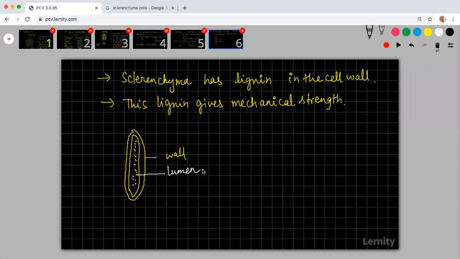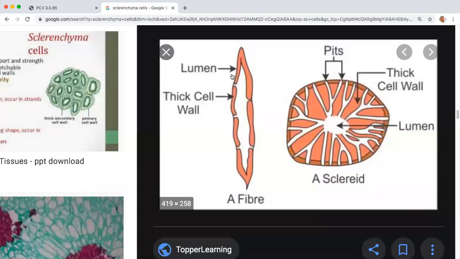It will have just a thick cell wall, and then in between, inside, you have something called a lumen. So that white part in between is the lumen. Here they have pointed both these things as lumen, but the in-between part is what we call lumen. And then you can see the sclerites.